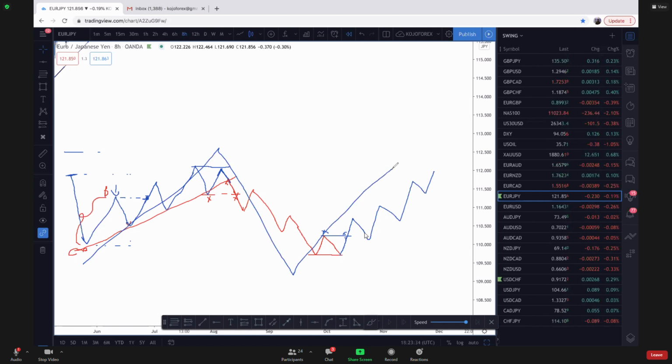Equal low, equal high, equal low, equal high, equal low. And then at some point it just veers off from the range and then continues like that, right? So you have to understand all these cycles to be able to see the bigger picture of how the market plays.